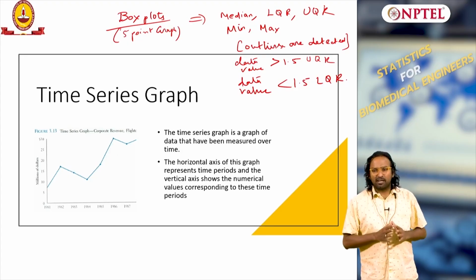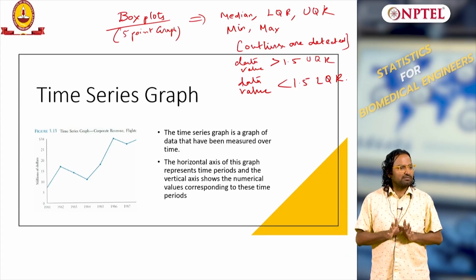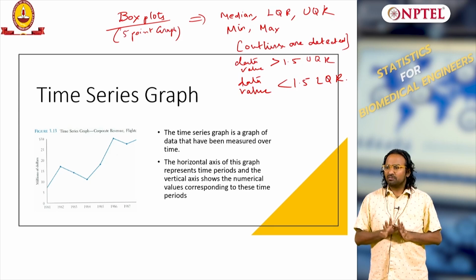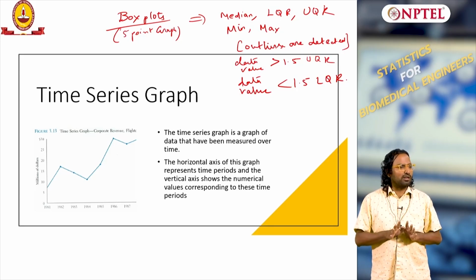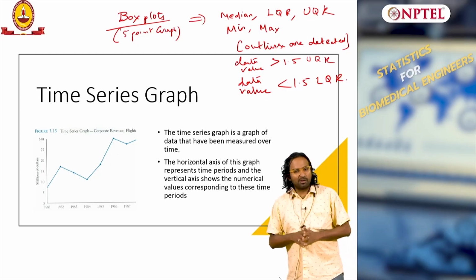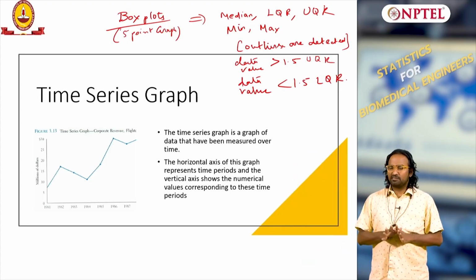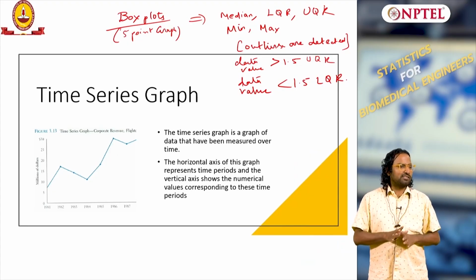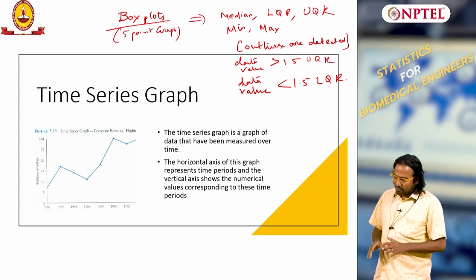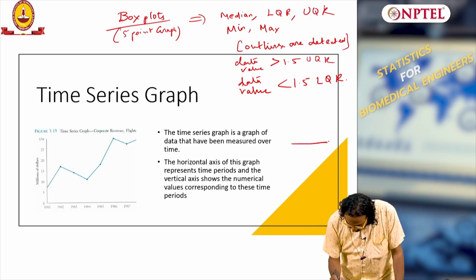You all know how to calculate a median? Everybody know how to calculate a median? Yes or no? How do you do it? Arrange in ascending order, sort in ascending order, and then pick out the middle value. If it is an odd number, it is straightforward. If it is even, you have to take the average, right. So that is the median. So you have the median as the center line then, okay.